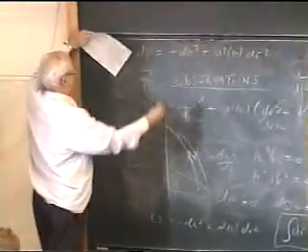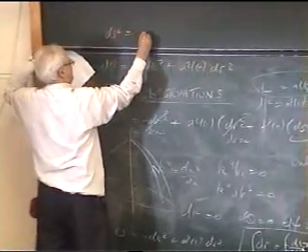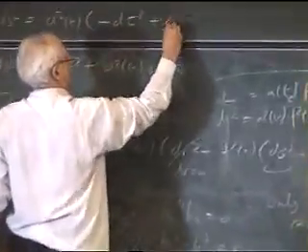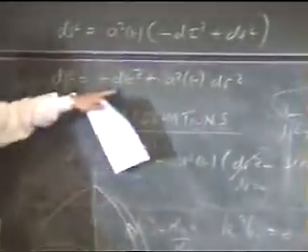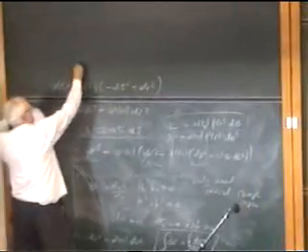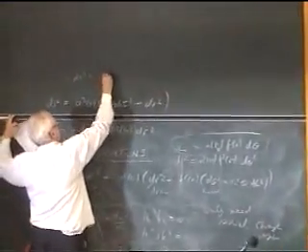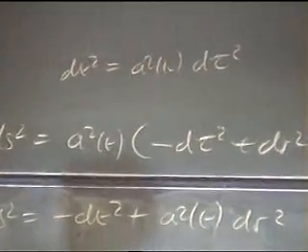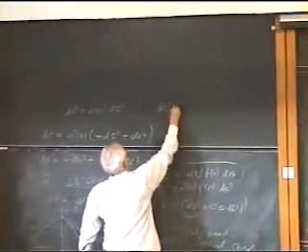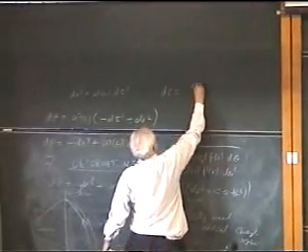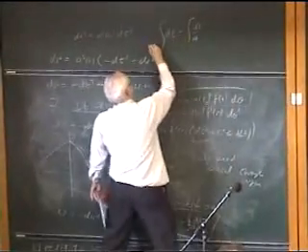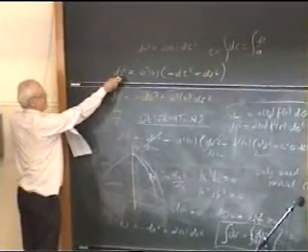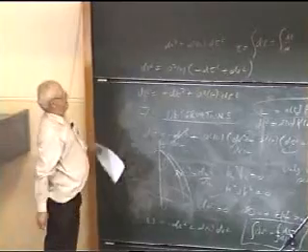What you say to yourself is, I'd like to write that in the following form: a squared of t times minus d tau squared plus dr squared. Can I bring that to that form? Well, yes, easy. You just need minus dt squared equal to a squared of t times minus d tau squared, where the two minuses cancel out, so you just need that d tau is dt over a. You just need to change to that conformal time, and this will be your metric form instead of this.